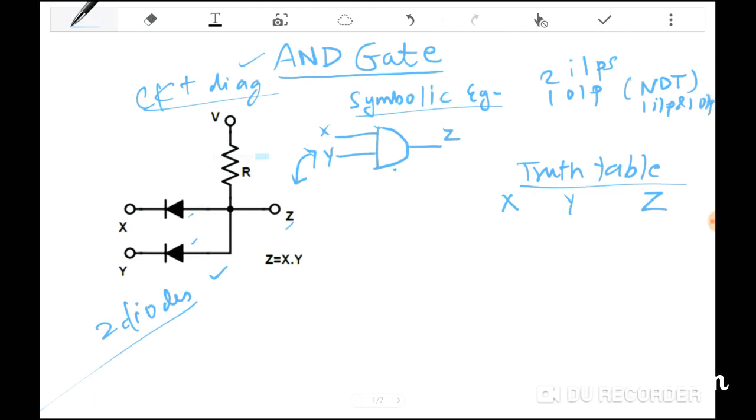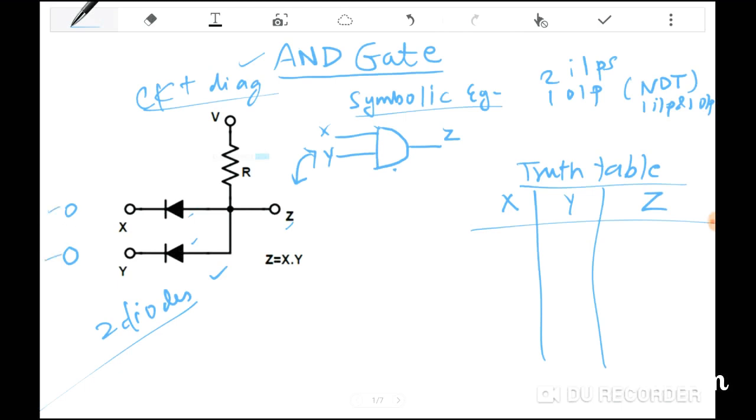Alright, so let's start. The first input that we will give is 0, 0. I will be writing it a bit aside from the diagram so that I can fit all the numbers here. So the first input is 0, 0.